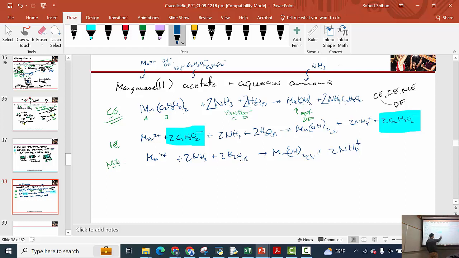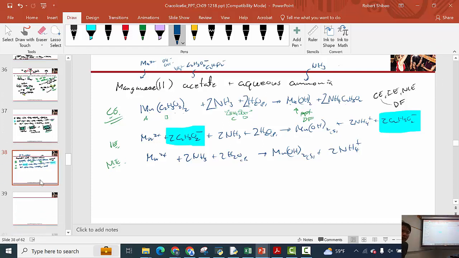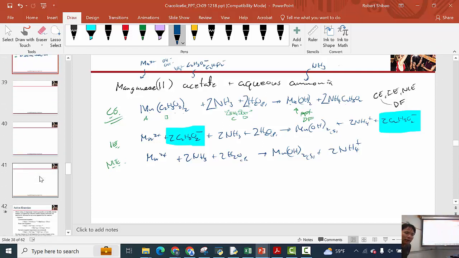But we have net 2+ on the right and net 2+ on the left, on both sides, and so it's balanced here. So that's another example of that.